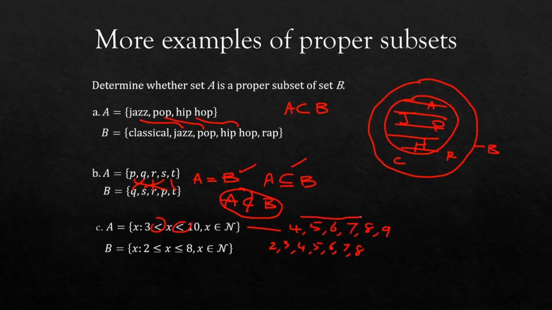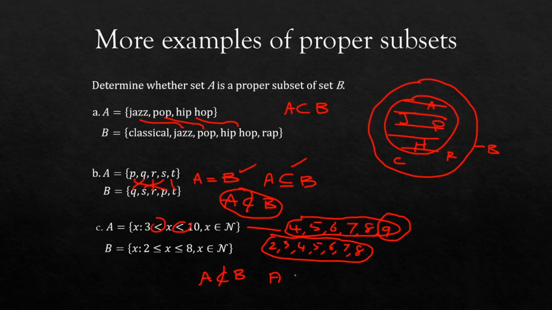So this is set A. Is set A a subset of set B? It's not, because of this element 9. All of these elements are in B except for 9. This is your problem number. So in this case, A is not a proper subset of B. And also, it's not a subset of B because of that element 9.